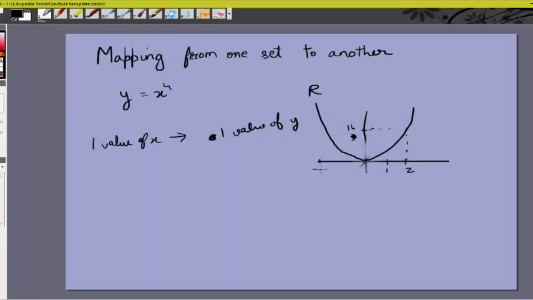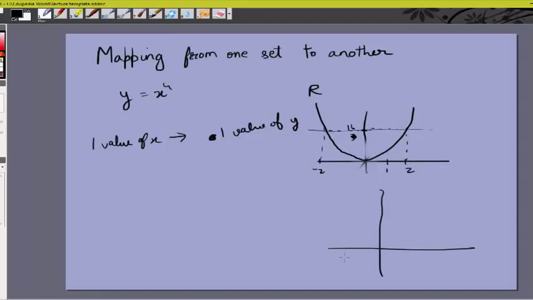Now if x is minus 2, even then y is 16. So it doesn't mean that one value of y, 16, corresponds to only one value of x. The inverse is not necessarily true. It might be true, it might not be true. So one value of y can correspond to many values of x, but one value of x can only correspond to one value of y. Otherwise, you would not know what the value of y is, what the value at x equal to 2 is.